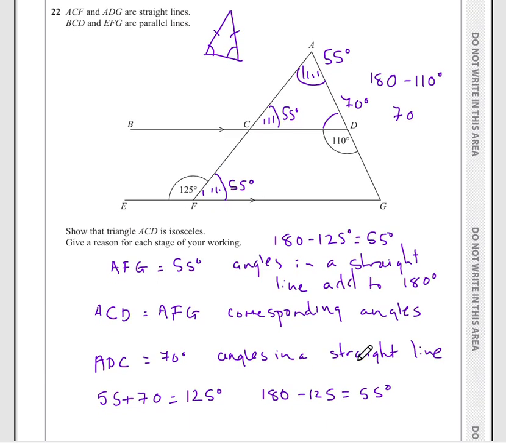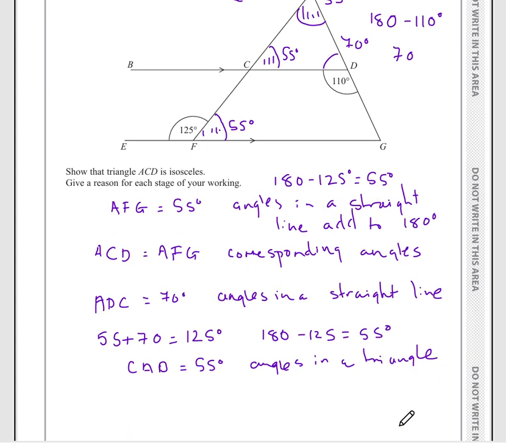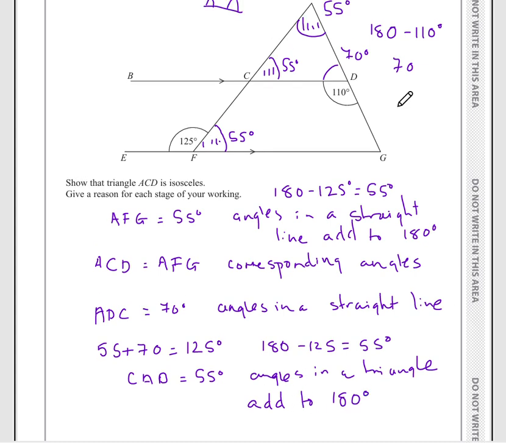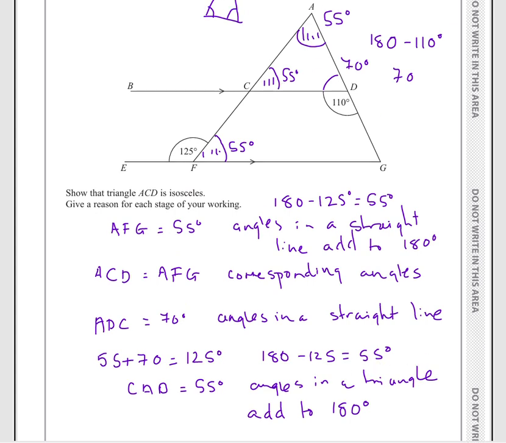So let's write in our final reason. CAD is equal to 55 degrees because angles in a triangle add up to 180 degrees.